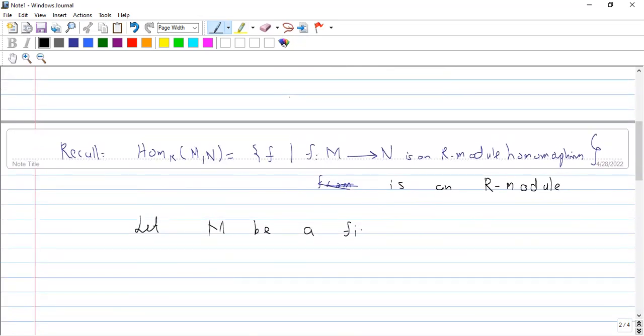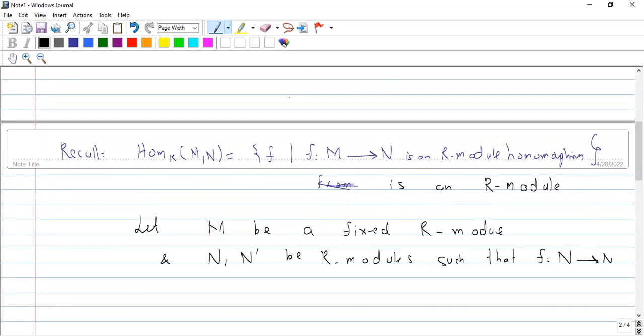So now, let M be a fixed R-module and N and N dash be R-modules such that f from N to N dash is an R-module homomorphism.